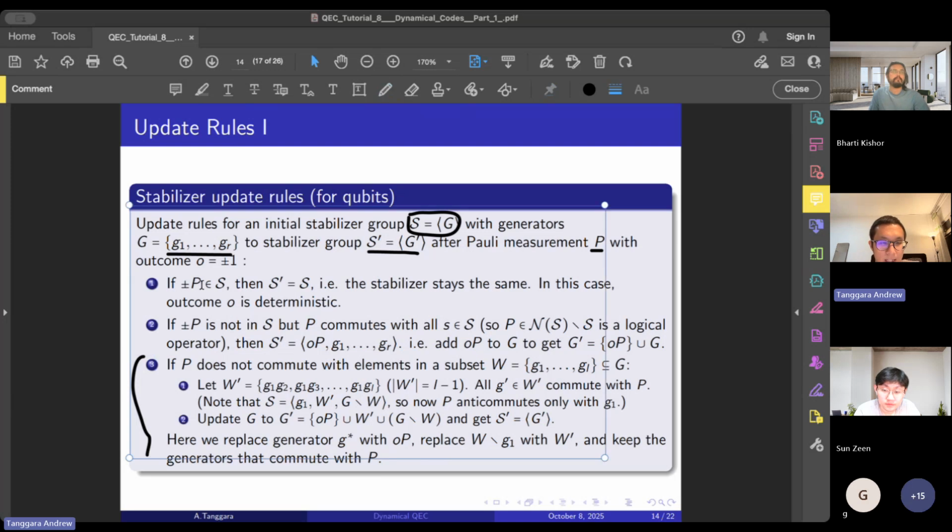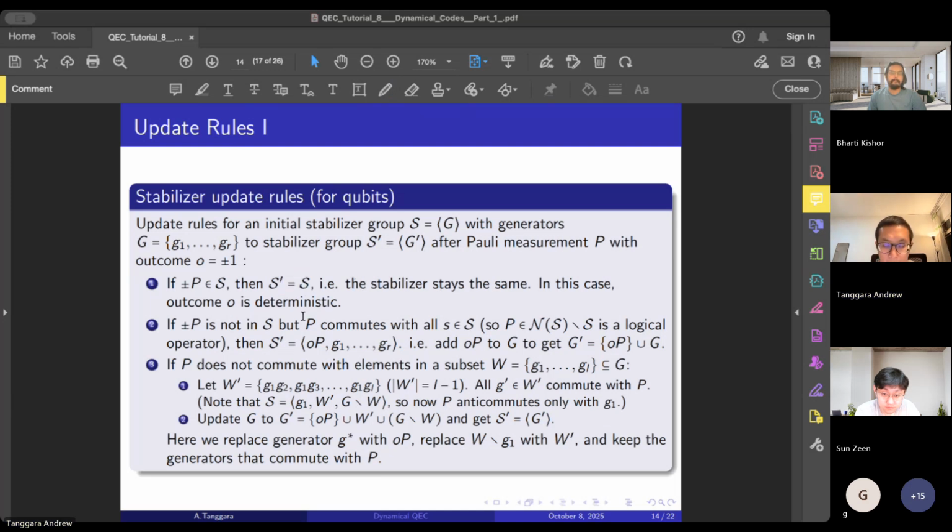If plus or minus P is in the original stabilizer group, then it's not very interesting because it's basically a stabilizer. So S prime is just equal to S. But if plus or minus P is not in the stabilizer group, but P commutes with all of S, what does that mean?